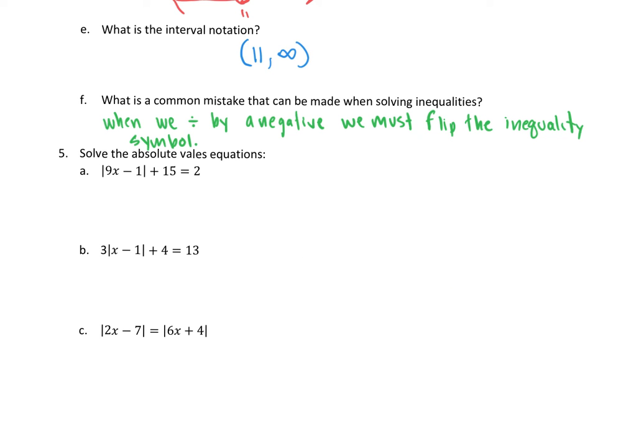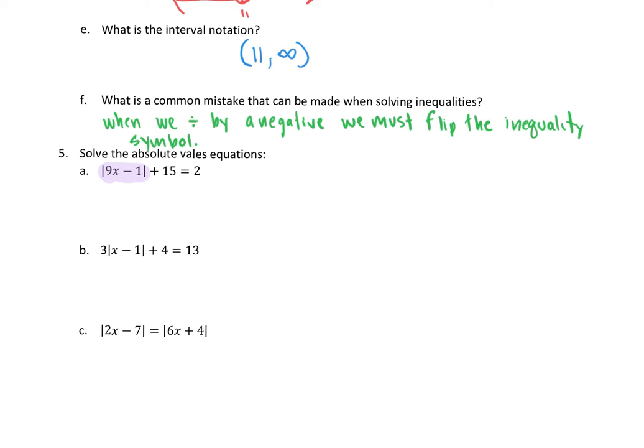The next questions are absolute value equations, not inequalities, but absolute value equations. So when we're solving an absolute value equation, the first thing you want to do is isolate the absolute value and especially make sure that there's no addition or subtraction. So here's my absolute value right there.